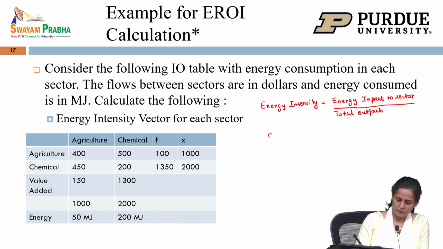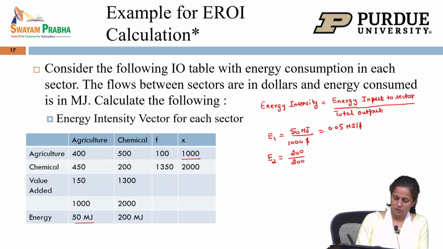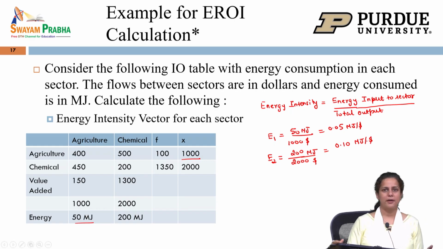For sector 1, to calculate the energy intensity 1, we have 50 megajoules as the input and the total output is $1000. So, your energy intensity is 0.05 megajoules per dollar. For the second sector, our energy intensity will be 200 divided by 2000, megajoules over dollar. So, this will be about 0.10 megajoules per dollar.